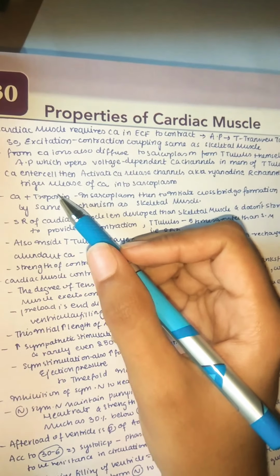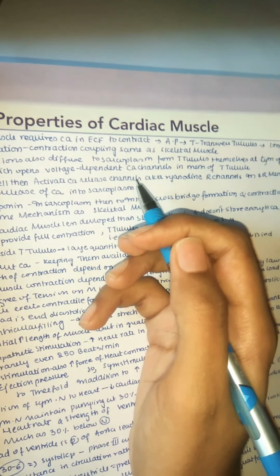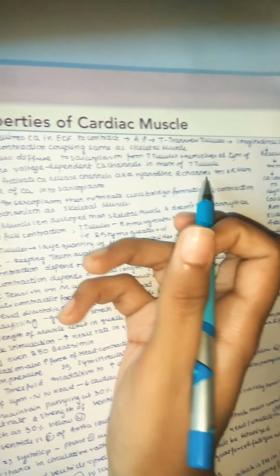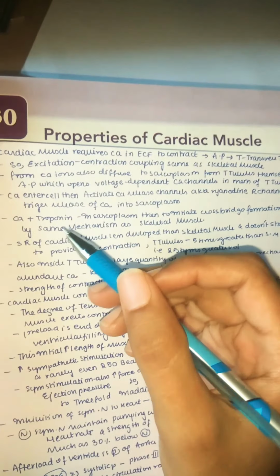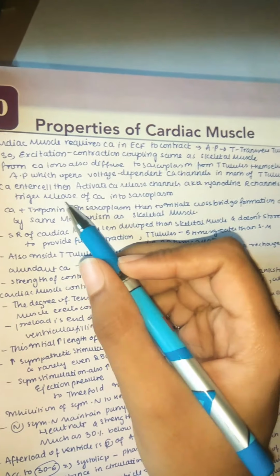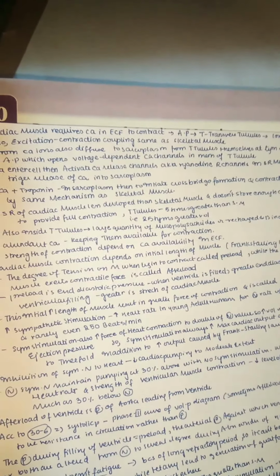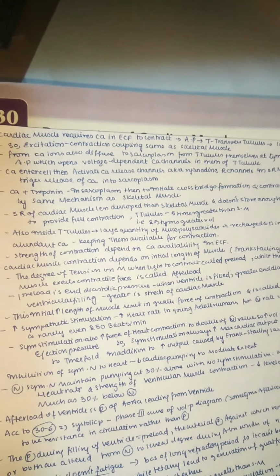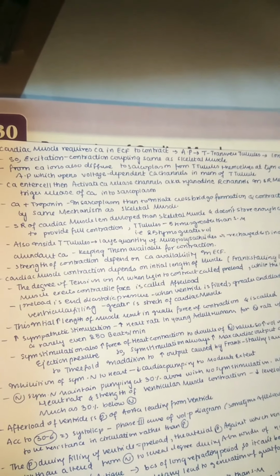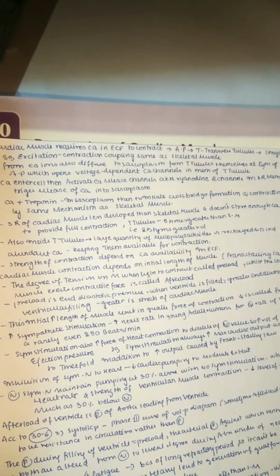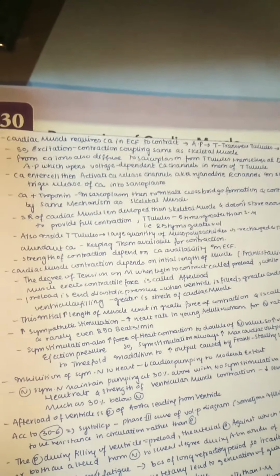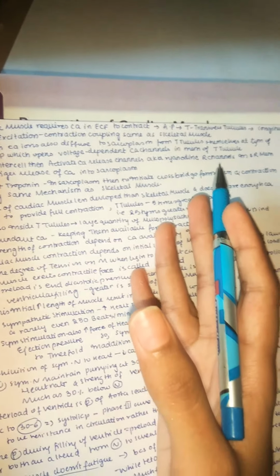The calcium enters the cell, then activates the calcium release channels, also known as ryanodine receptor channels, which are present in the sarcoplasmic membrane, same like our skeletal muscle, and this triggers the release of calcium. Again, extra calcium is coming by the ryanodine receptors. Because from the T tubules also calcium is getting released from the sarcoplasmic reticulum, and already because of contraction there is a lot of calcium. So now we can understand the cardiac muscle will continually contract because there is already a lot of calcium in the cell from the ryanodine receptors.